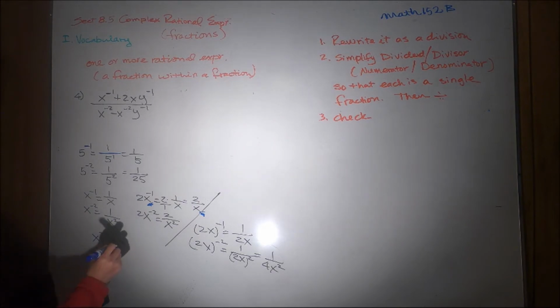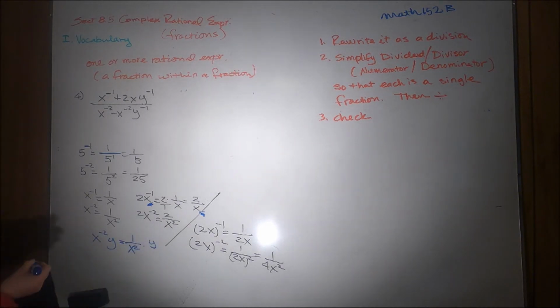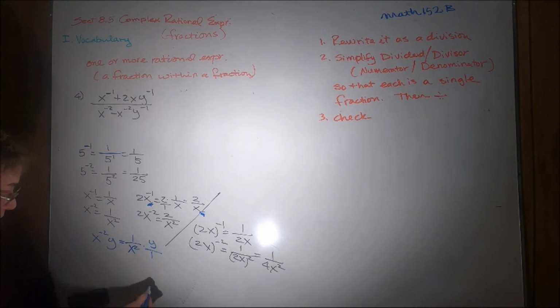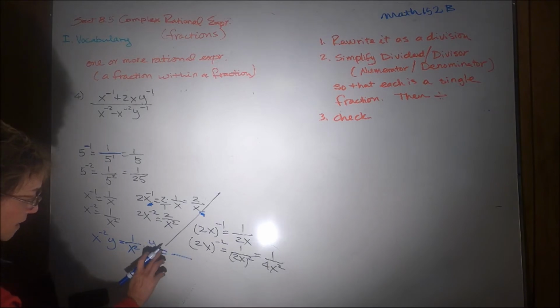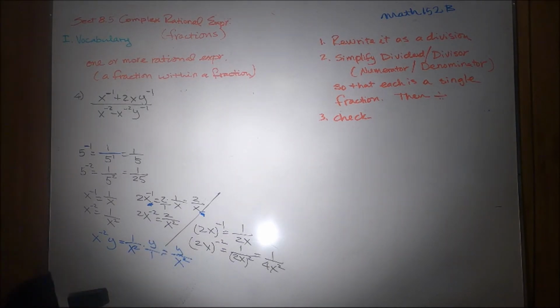So x to the negative 2, it should be what? 1 over x squared, right? If you multiply by y, you put a 1 underneath to multiply straight across. So you should have y over x squared. Is that right? So for the things you don't have a negative power, it should stay on the numerator position.